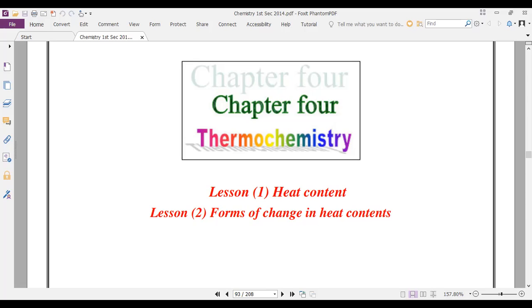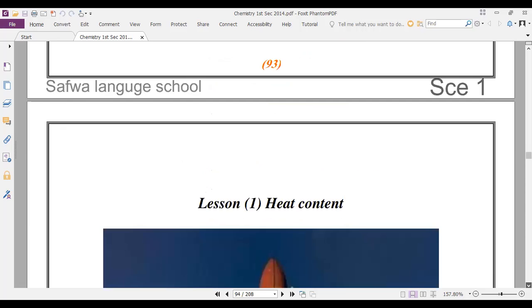So I think we have 2 types of chemical reaction: reactions that produce heat, and reactions that need heat. Okay, so lesson number 1, heat content. What's meant by heat content?